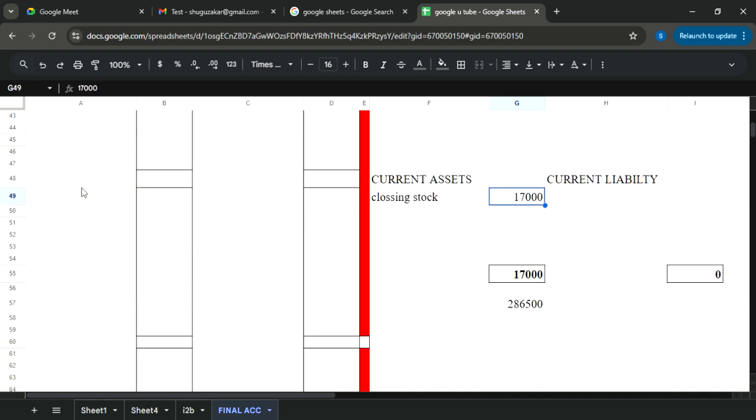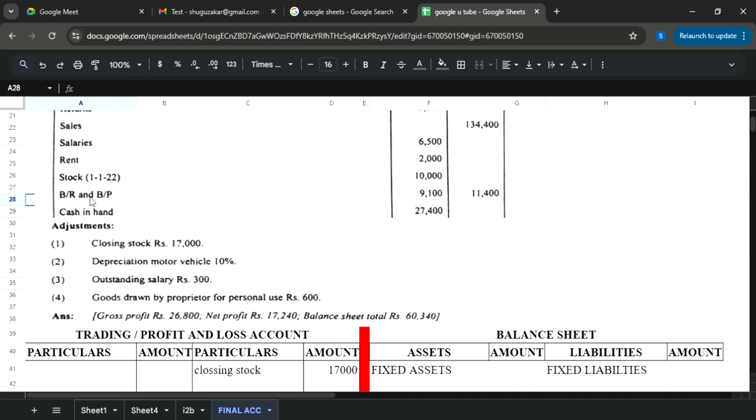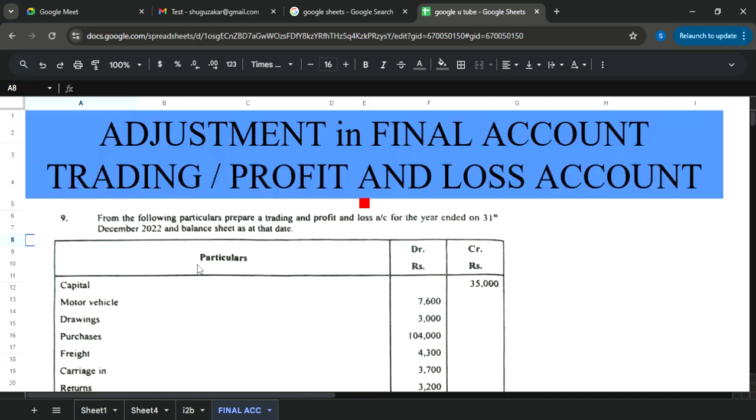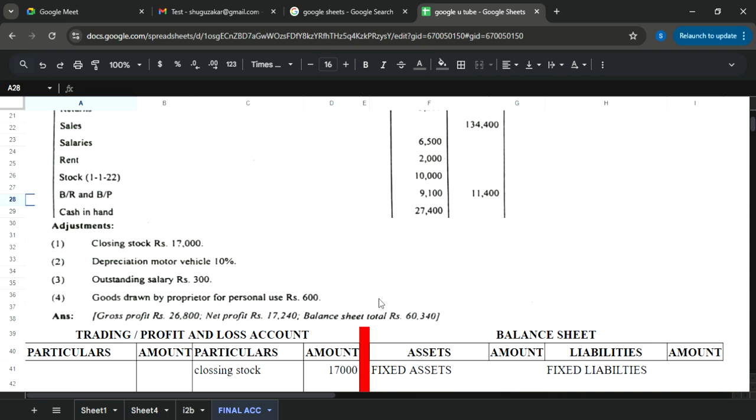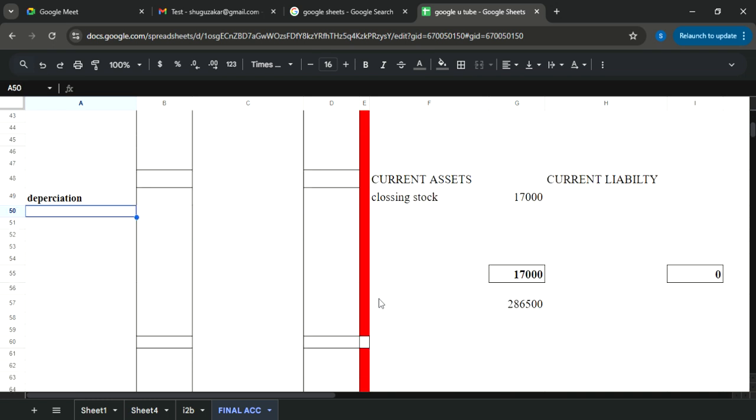Depreciation is part of indirect expense, and here you will write its calculation. Motor vehicle is required to be depreciated, and the amount of motor vehicle is written over here, 7600.